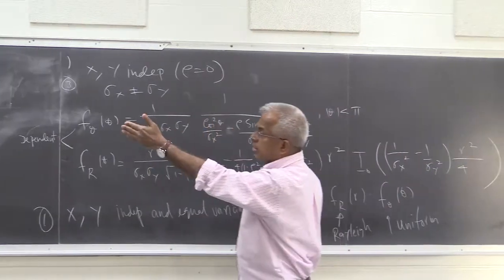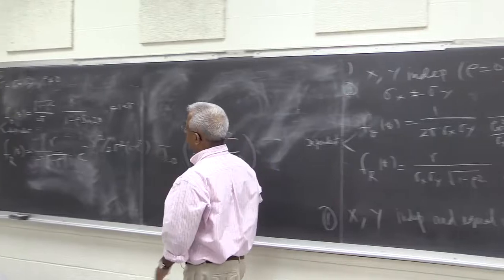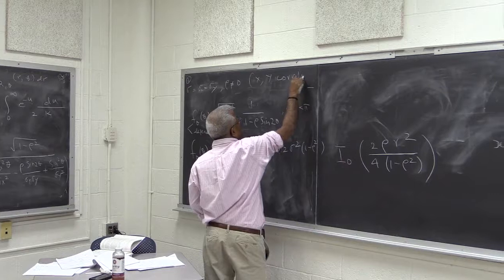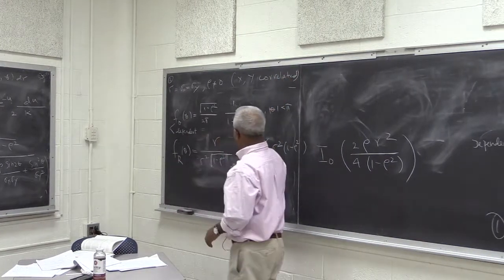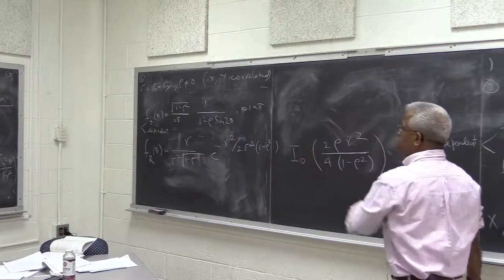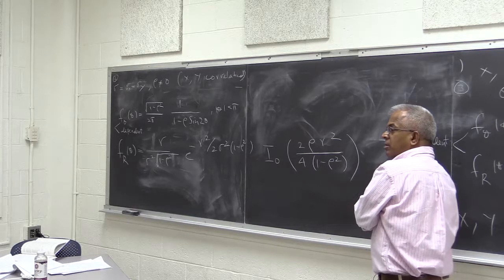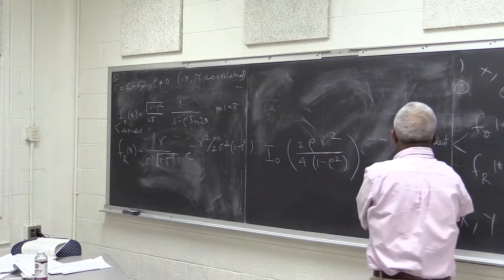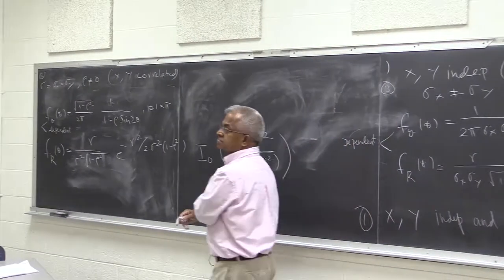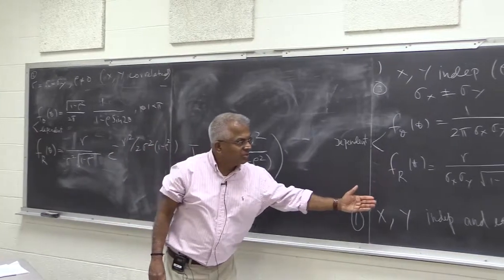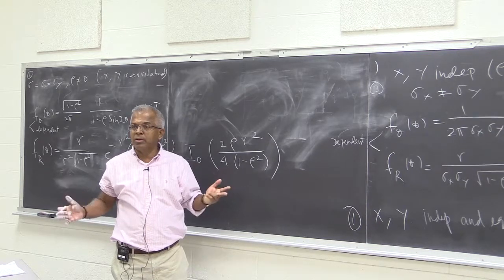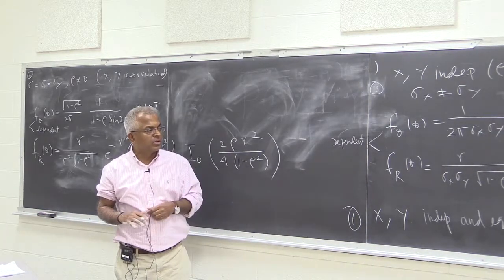And if x and y have equal variance but are still correlated, the magnitude is a mess, the phase is not such a mess. Again, this mostly looks like a Rician random variable. And the easiest case, which is classically done, is two independent Gaussian random variables with equal variance.